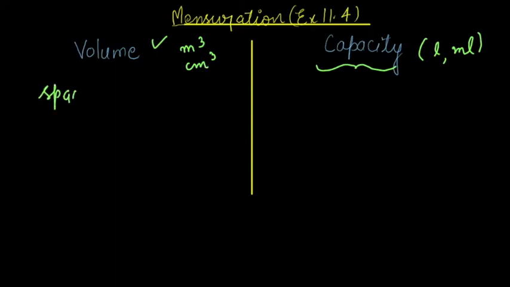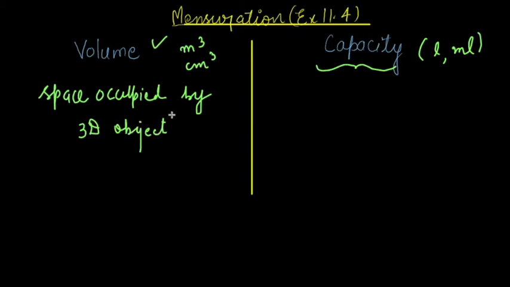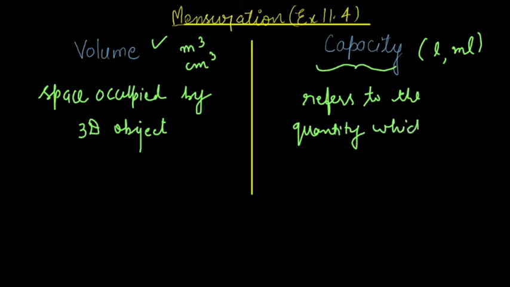So volume is what? Volume is the space occupied by any 3D object. And capacity refers to the quantity any container can hold, that's the quantity inside.